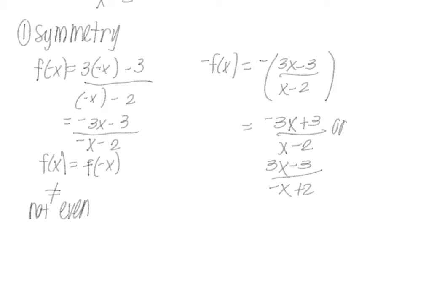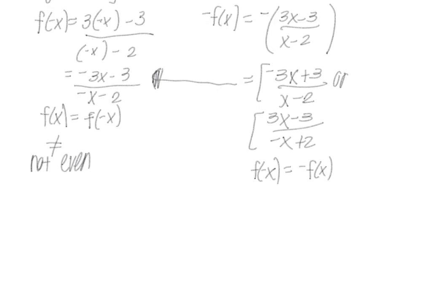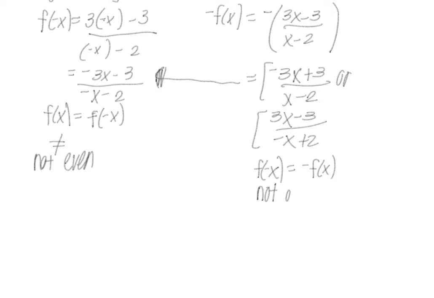Okay, but neither of these is the same as what f of negative x is. In order for it to be odd, f of negative x and negative f of x must be equal. So this is not odd either.